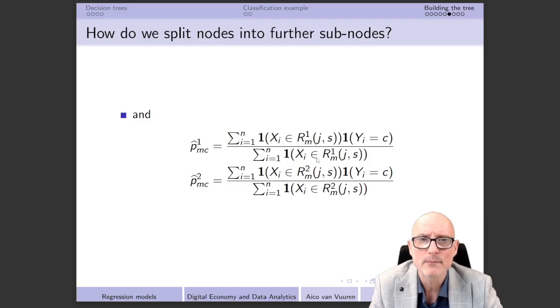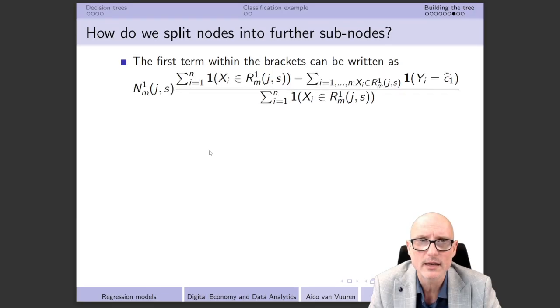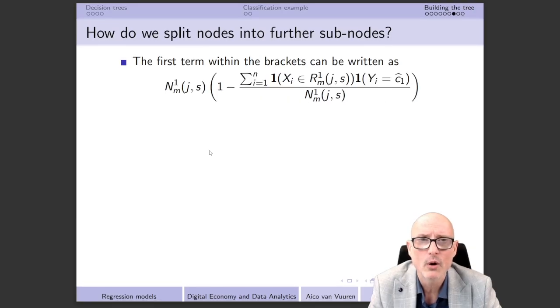That implies that we could rewrite what we had in the end as the most frequent P hat 1MC. So we can now rewrite our last step in terms of this.